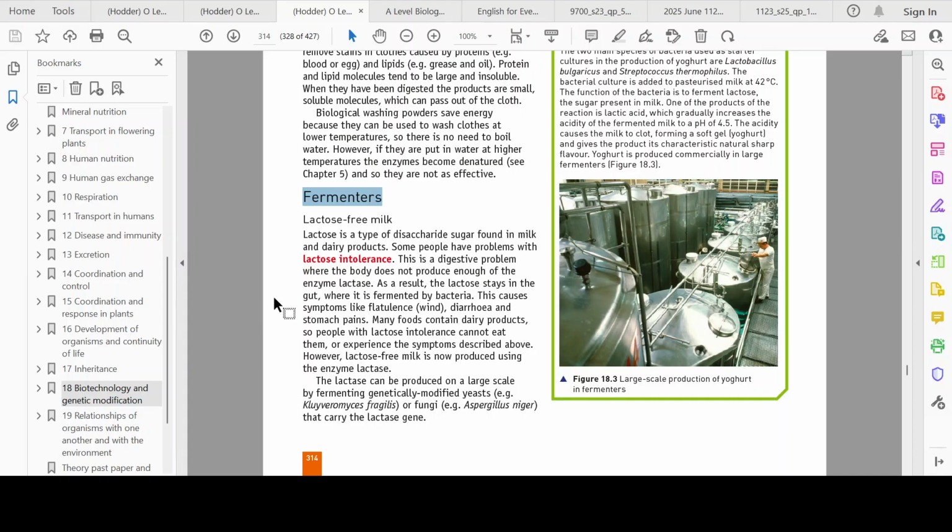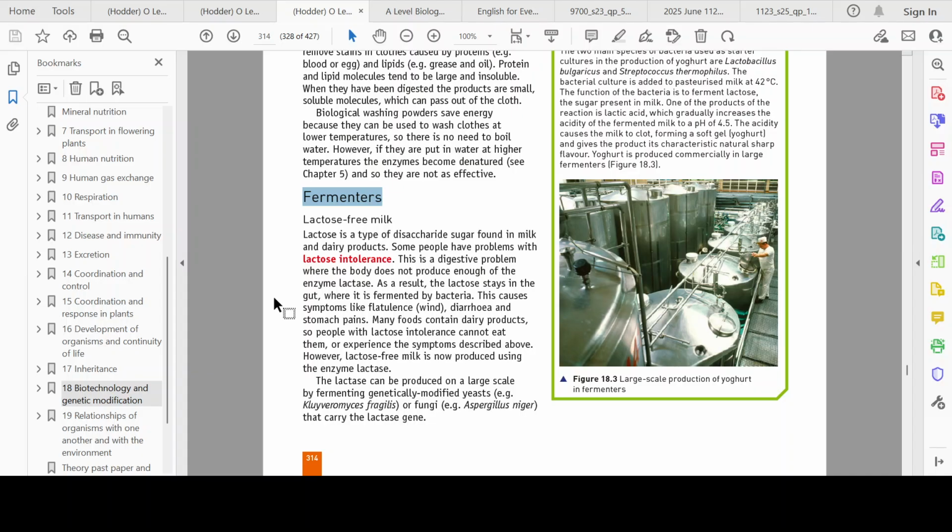Lactose-free milk. So lactose is, right, some people cannot digest lactose, and so it remains undigested, causes diarrhea and stomach pain and gas, and it is unpleasant. And so lactase enzyme is used to digest the lactose to glucose and galactose. Lactose is a disaccharide and it's made from glucose and galactose.